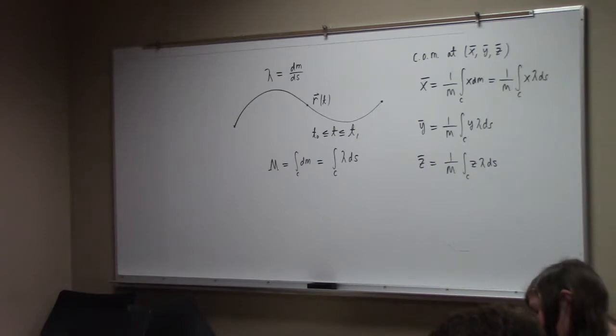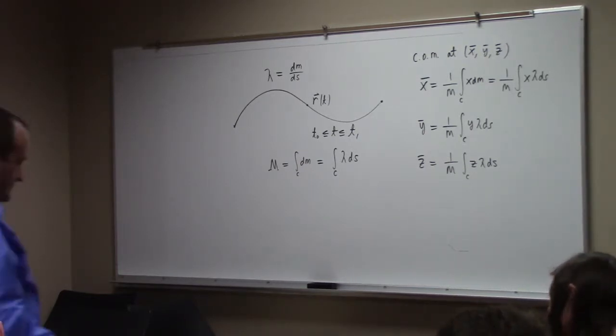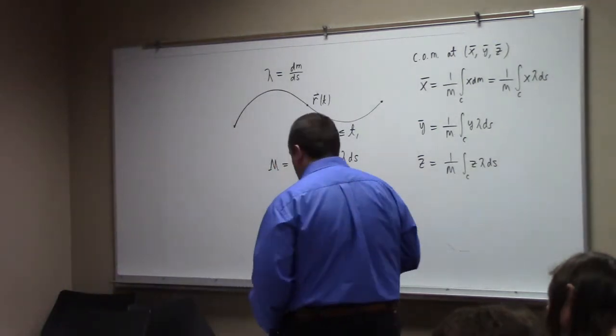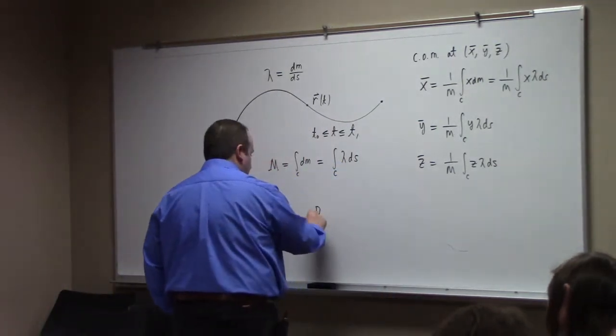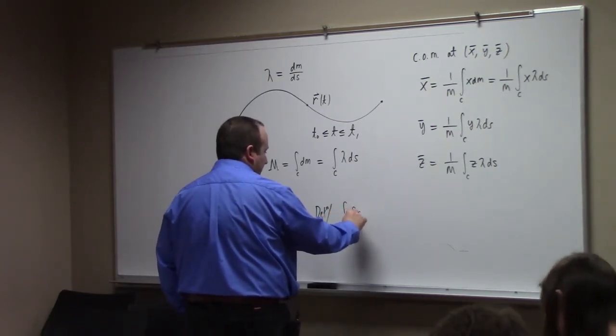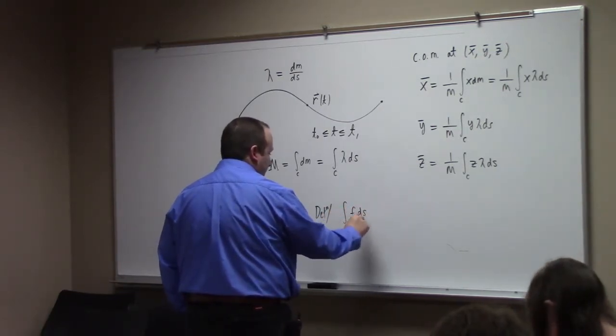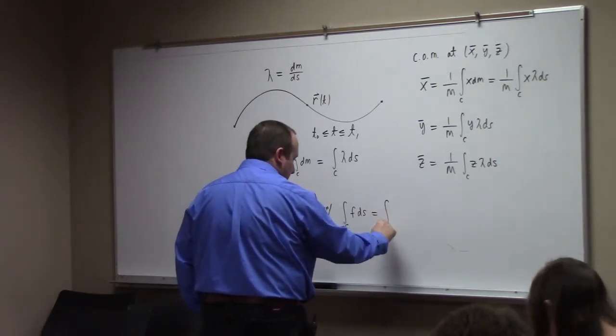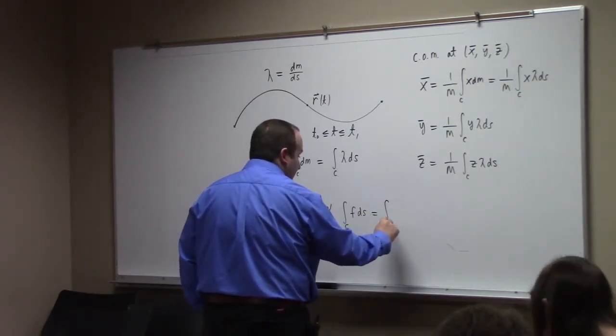I mean, what is ds? How do you actually calculate ds, by the way? Remember from the first part of the course? I think this was even before test 1. We defined the integral, and what this means is the integral from t0 to t1.